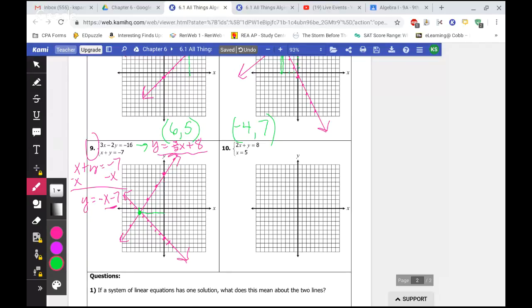Are y'all with me? Yes, -6. And -1. Good job.